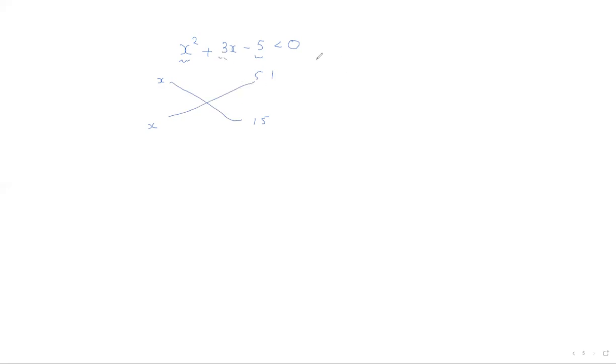So basically, if you go back to the nature of the roots, we have that discriminant, which is b squared minus 4ac. Our b is a 3 there, it's going to be 3 squared. Our a is a 1 there. And our c is a minus 5.